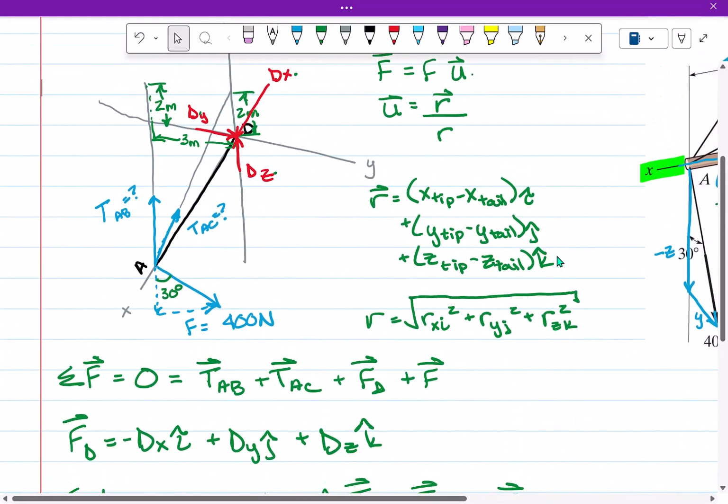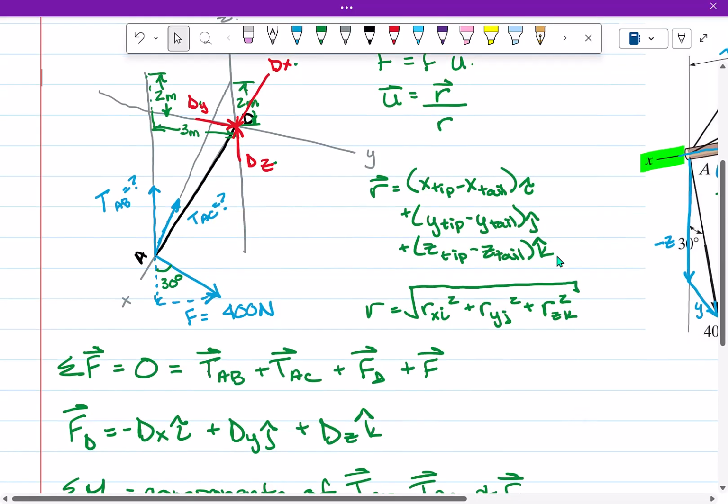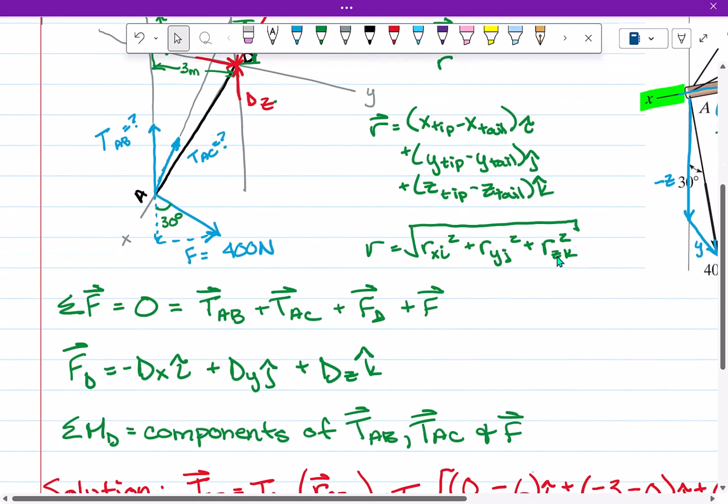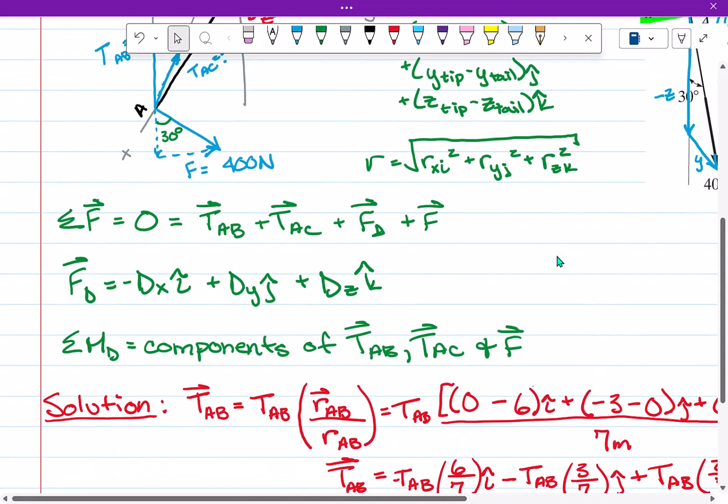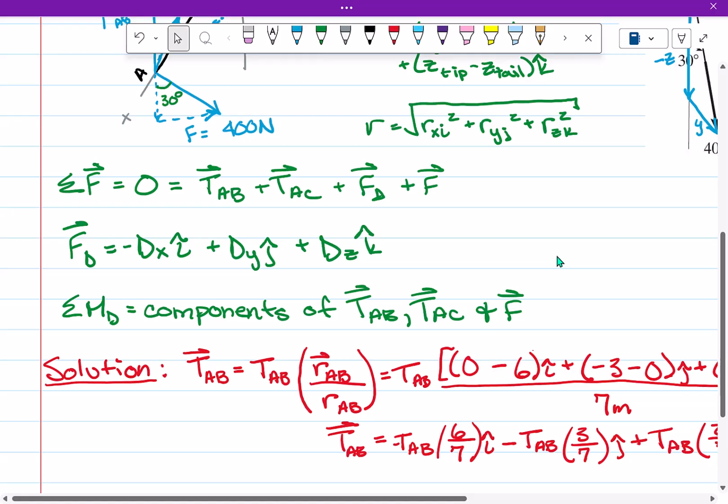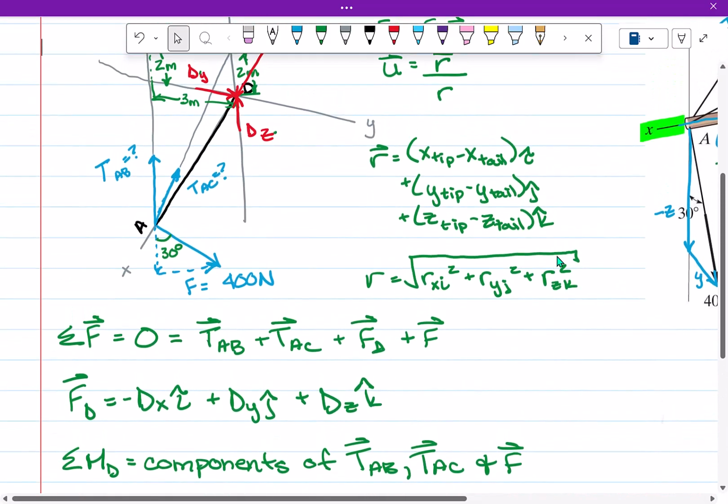Then we'll also take the sum of the moments about D so that we can knock out Dx, Dy, and Dz. They will no longer have a moment component because their line of action is through the point about which we are taking the moment. Therefore, we only have to consider the components of the tension at AB, the tension at AC, and our 400 newtons down and to the right.